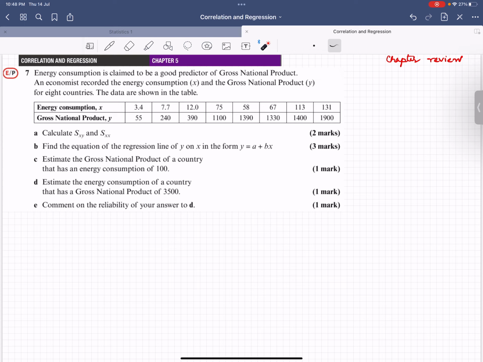Calculate SXY and SXX. So in part A, we need to calculate SXY and SXX. Let's write the formula for SXY and SXX here.